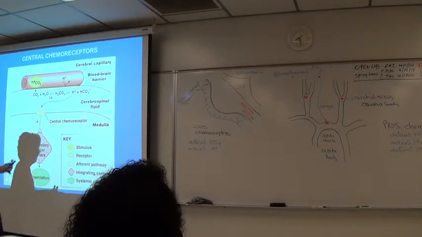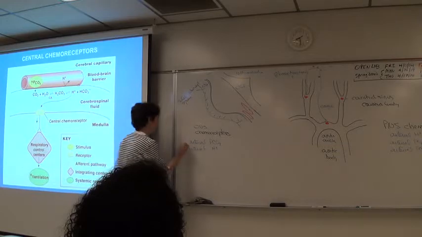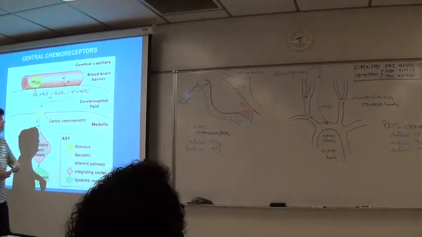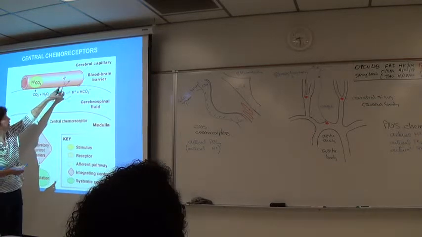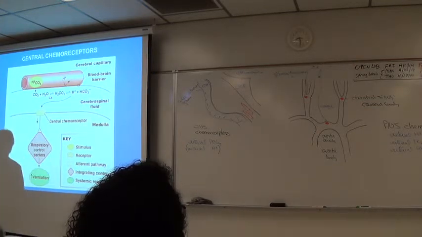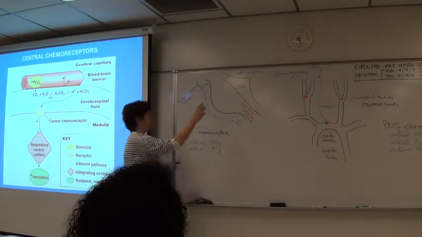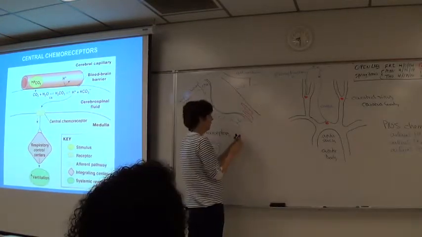Well, I'm going to put parentheses around our arterial hydrogen ions because as you can see here, hydrogen ions cannot exit the capillaries due to the blood-brain barrier. However, carbon dioxide can because it is a gas. So carbon dioxide diffuses into the CSF.